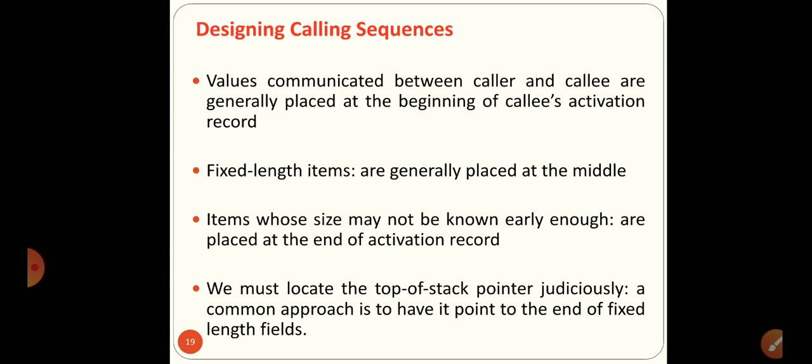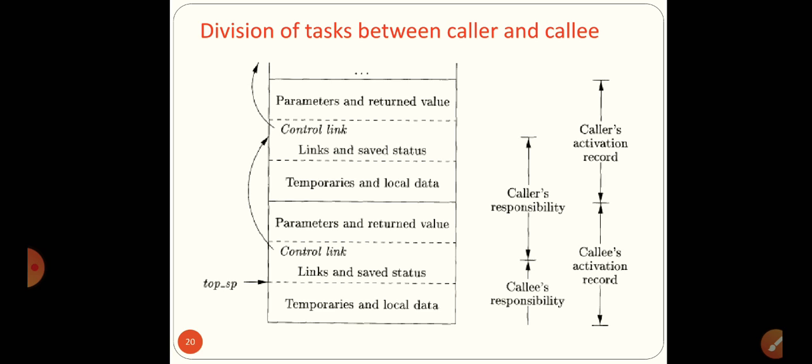During quick sort execution, when we make a call, we need to transfer control from one execution block to another. This is called the calling sequence. Considering the general structure we discussed previously, at the bottom we have the temporaries and local data.